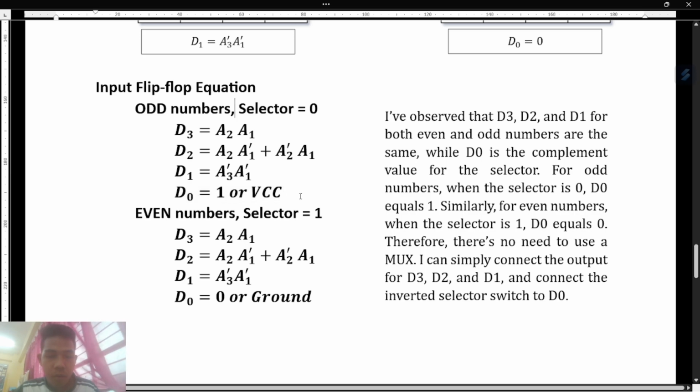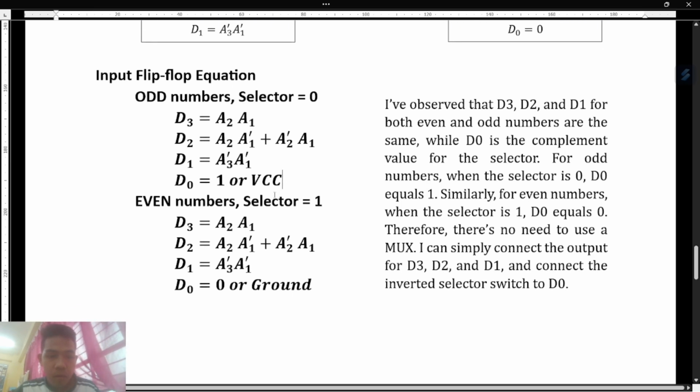D0 is equal to 1 or VCC. For even numbers, selector is equal to 1: D3 is equal to E2, E1. D2 is equal to E2, E1 prime plus E2 prime, E1. D1 is equal to E3 prime, E1 prime. D0 is equal to 0 or ground.